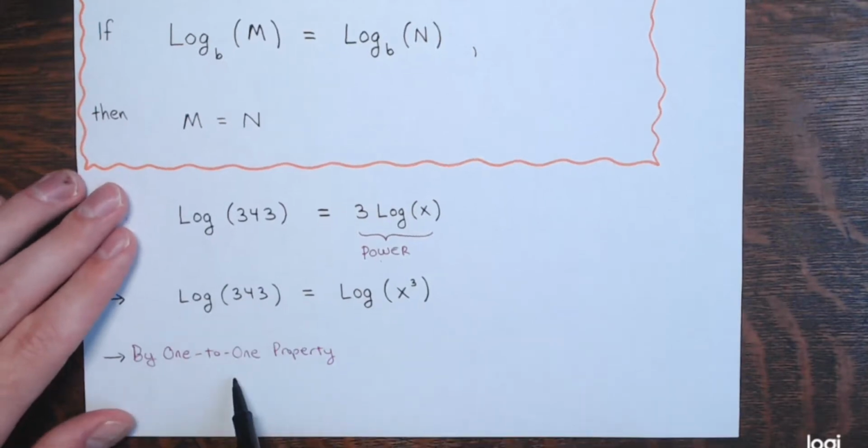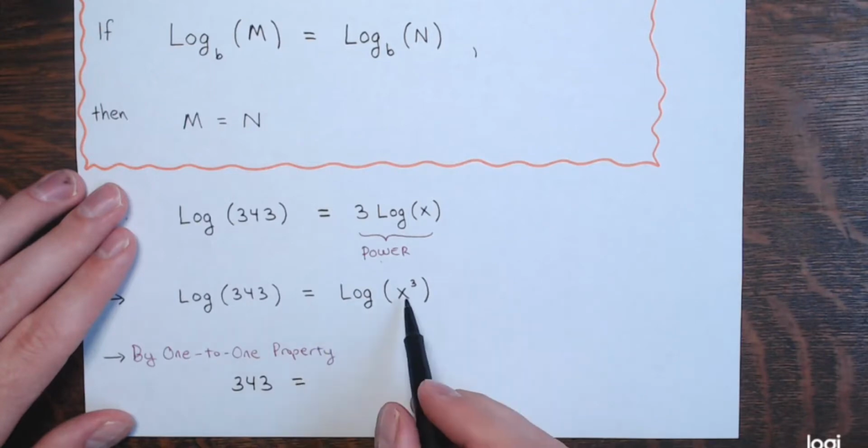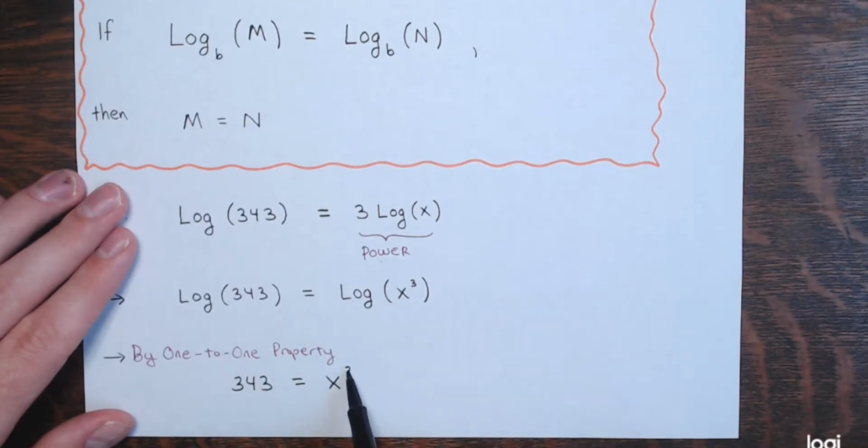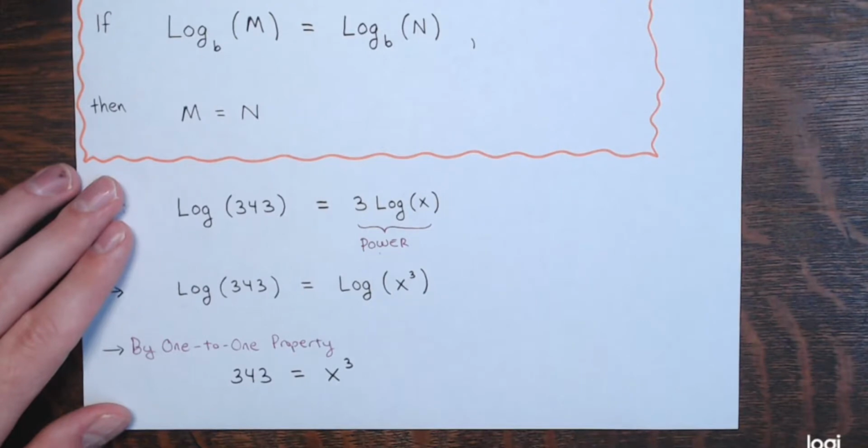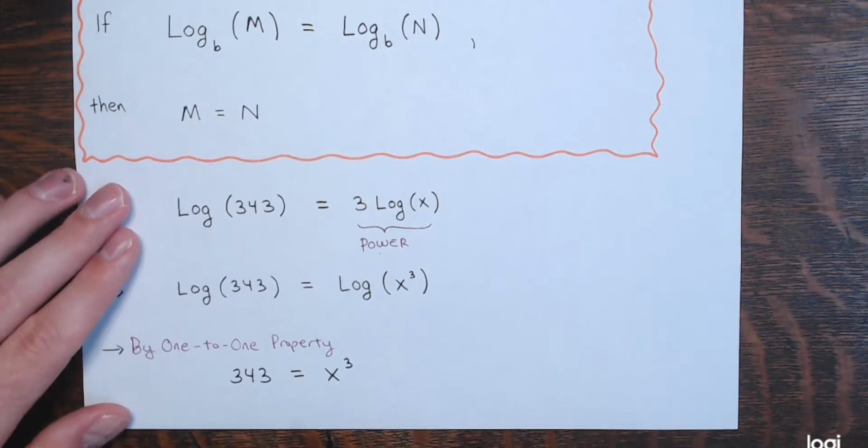So 343 must be equal to x cubed. And hopefully you know that the cube root of 343 is 7. So x must be 7.